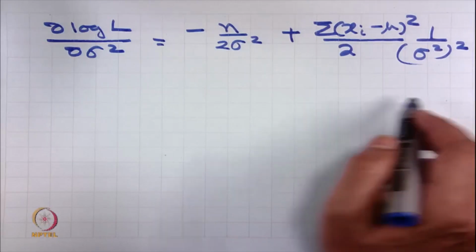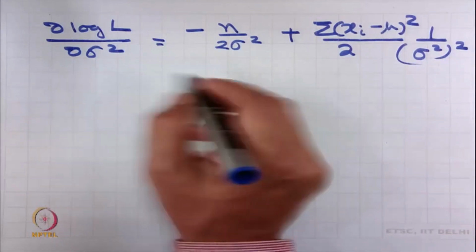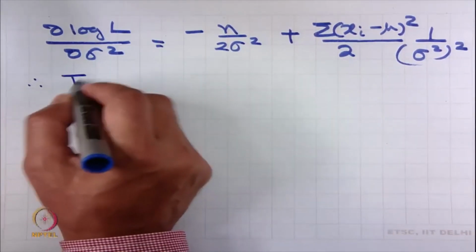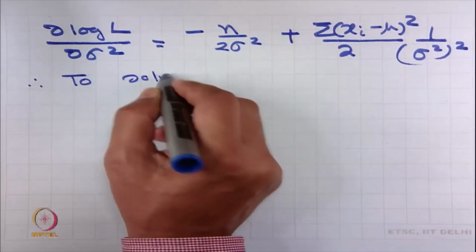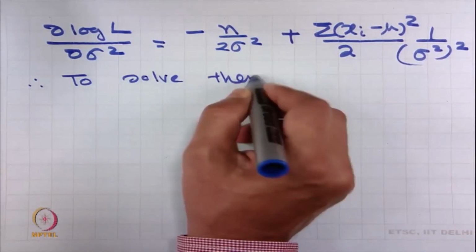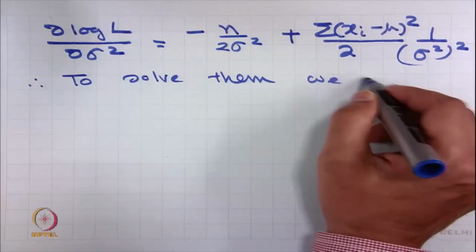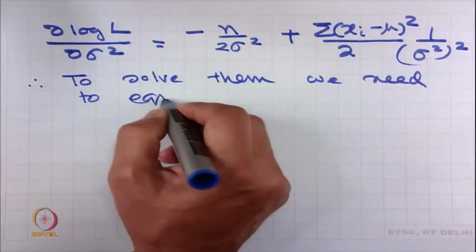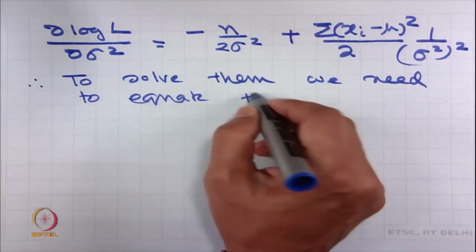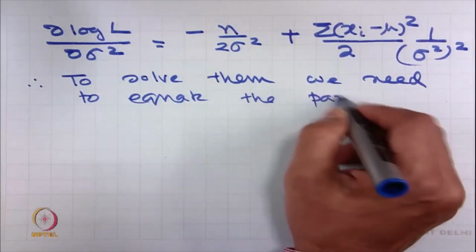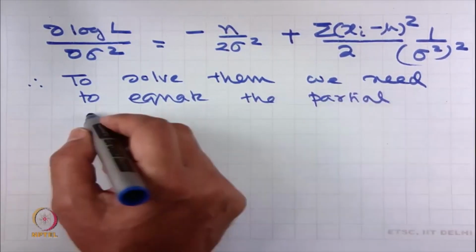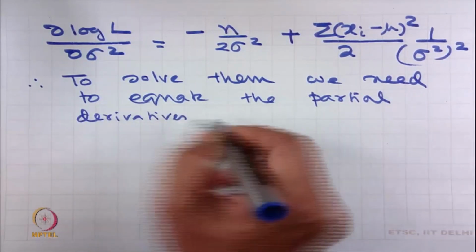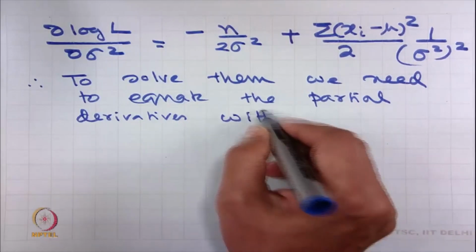Therefore, to solve them, we need to equate the partial derivatives with 0.